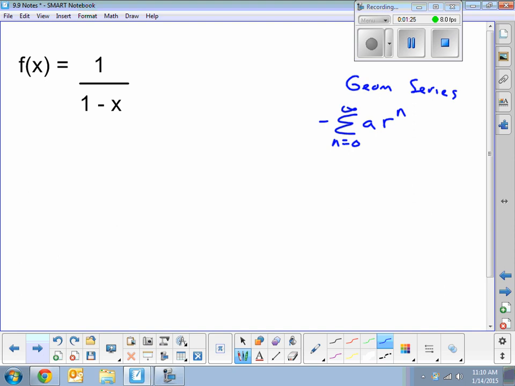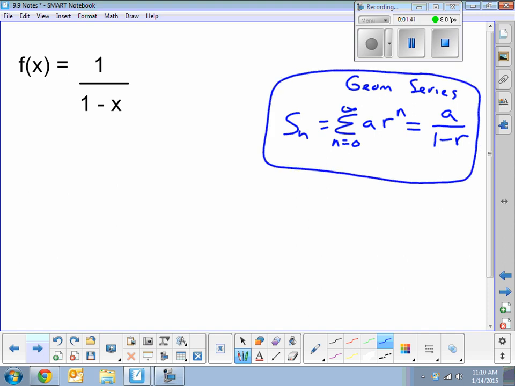We also learned that we had a formula for the sum of this summation. It was one of the few infinite series where not only can we talk about convergence and divergence, we were actually able to find the sum. It was a over 1 minus r. I'm going to use this fact in trying to represent this function as an infinite series.